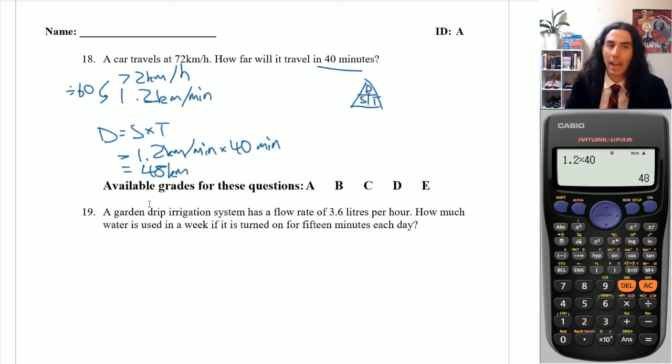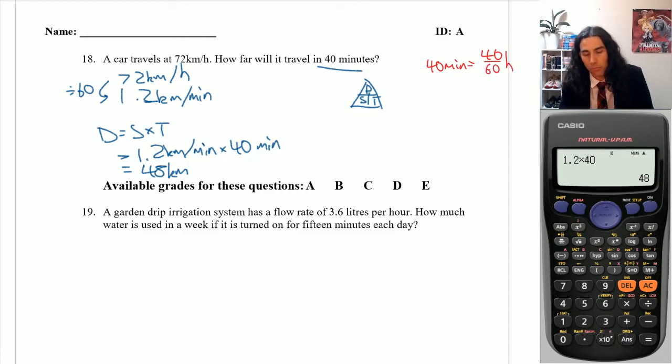Now, a different way to do it, you could have done it in hours. So 40 minutes, how many hours is that? 40 over 60 hours, because there's 40 minutes out of 60 minutes in an hour.